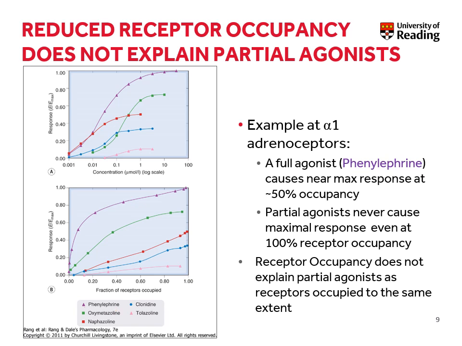But what you might notice is if we look at the response and this time plot it against the fraction of receptors that are actually occupied, you get, with phenylephrine, it's probably a bit more than 60%, but you can see you get quite a large response.